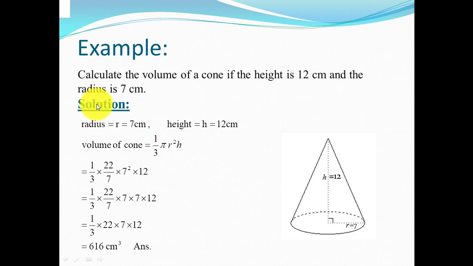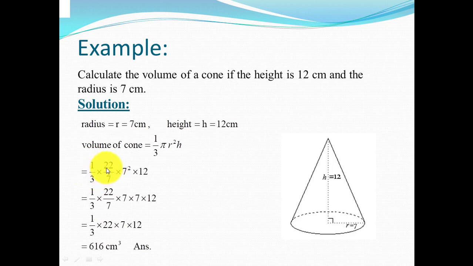Let's see an example. Calculate the volume of a cone if the height is 12 centimeter and the radius is 7 centimeter. First of all, we write what is given: radius 7 centimeter and height 12 centimeter. The formula of the volume of a cone is 1 over 3 pi r square h. Pi is 3.14, or in fractional form 22/7. You can use any one of them.